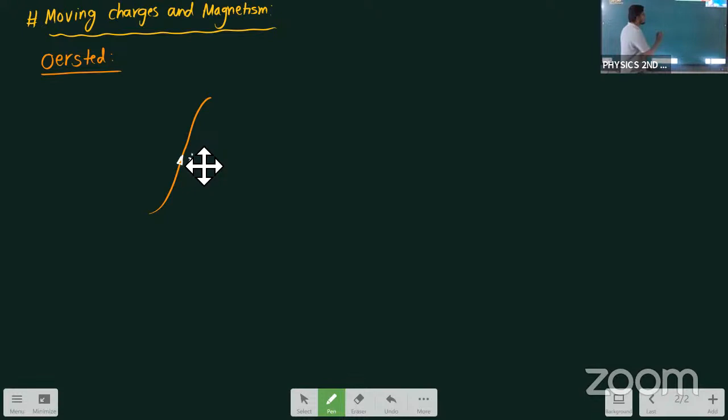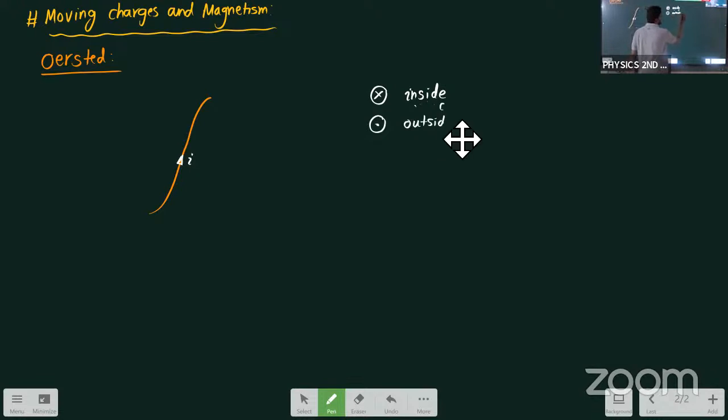Now see here. For representation, if the magnetic field is going inside, we'll be using the symbol cross. What does this cross symbol mean? It represents inside. Magnetic field is going inside. If the magnetic field is coming outside, we'll be using a dot. This is used for magnetic field coming outside. It is just like an arrow.